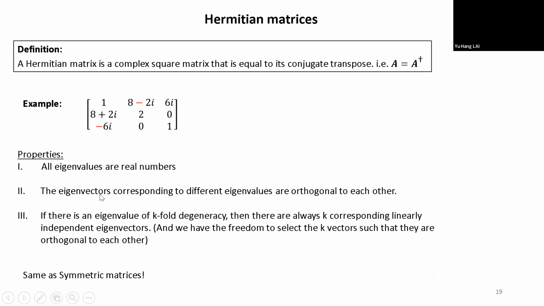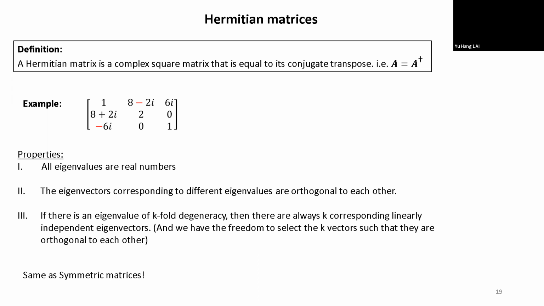The second nice property is that eigenvectors corresponding to different eigenvalues are orthogonal. And the third one is that even if I have an eigenvalue with degeneracy, that is, a repeated root in my polynomial for the eigenvalues, I am still able to find a sufficient number of eigenvectors.